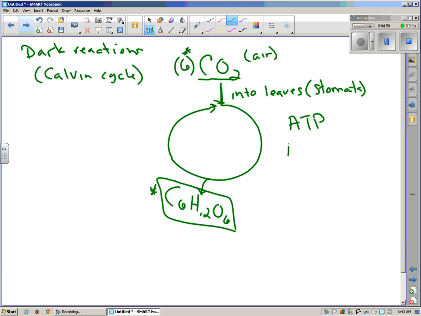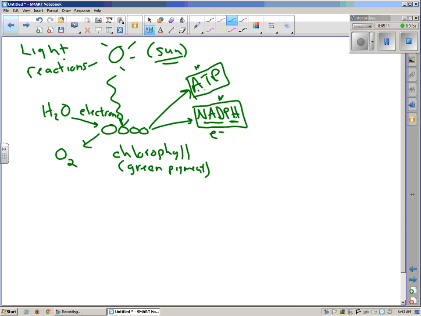In this case, the cell uses ATP and NADPH that came from the light reactions. If I were doing this on one piece of paper, which you probably are, I would just draw an arrow from the ATP here over to the Calvin cycle.